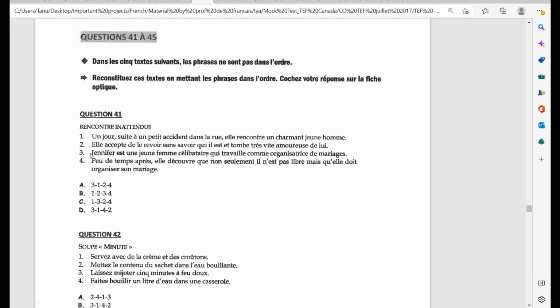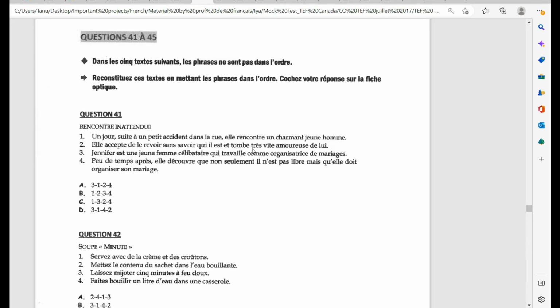So I would first read this one before reading the second one. Jennifer est une jeune femme célibataire qui travaille comme organisatrice de mariages. So Jennifer is a young single woman who works as a wedding organizer. So that means statement 3 should come before 1. So maybe first statement 3 and then 1.